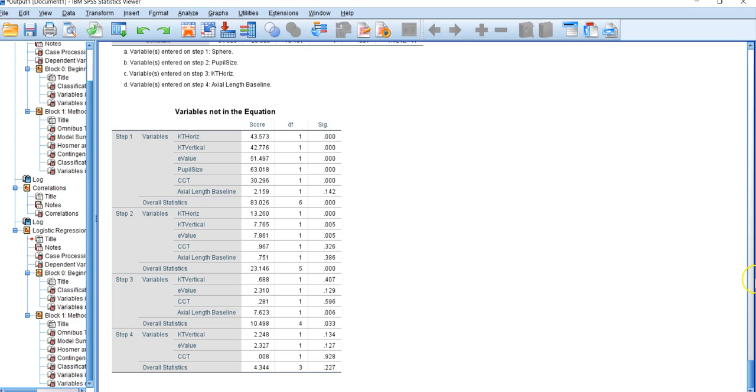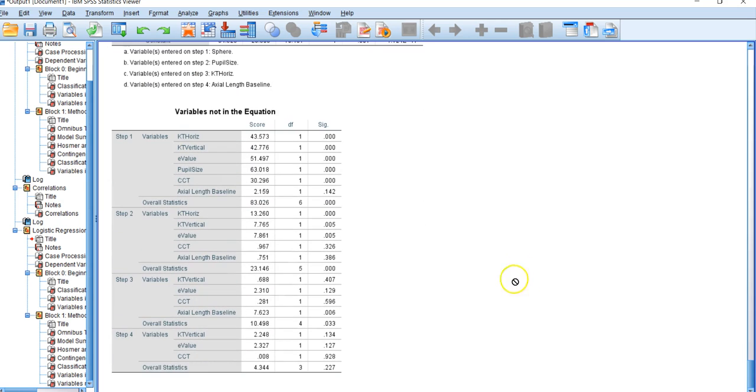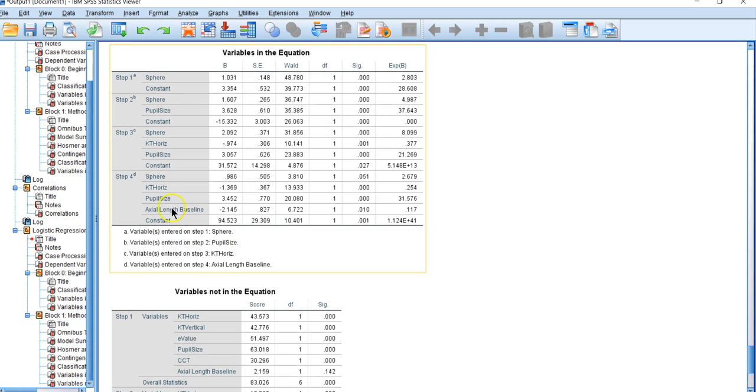After step 2, we no longer have pupil size and sphere, but the biggest one next is KT horizontal. So let's look at that. Step 3, KT horizontal pops in here. And then after step 3, the biggest one is axial length at baseline, and so we end with that one in step 4.